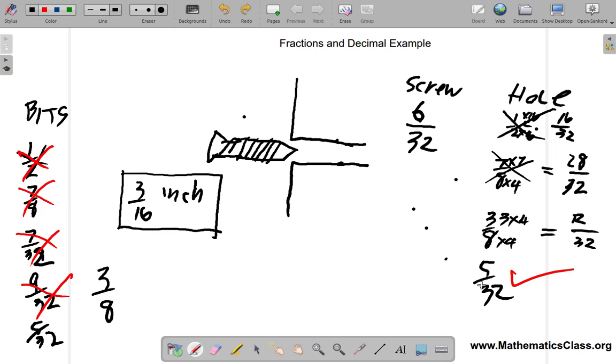Now, let's say you have this 5/32 inch drill bit.